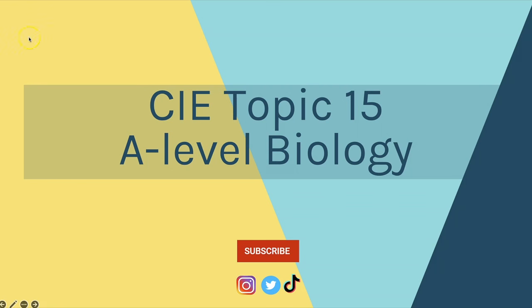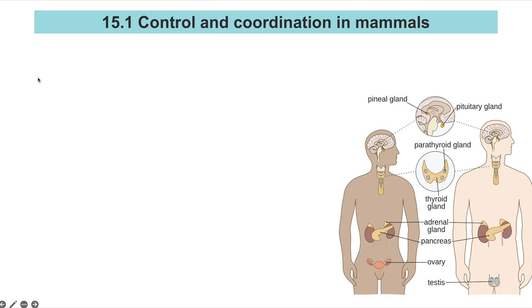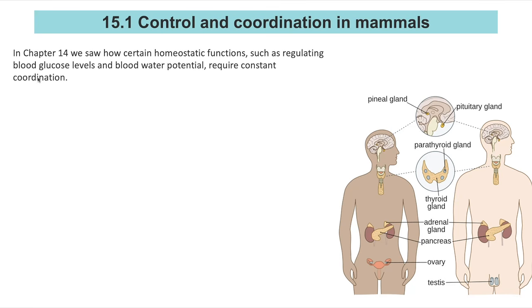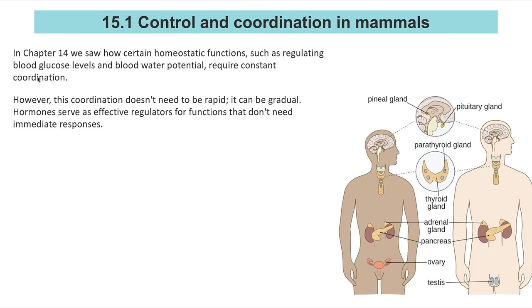Topic 15 then, and it's all to do with control and coordination. So in chapter 14, we saw how homeostasis occurred to help regulate blood glucose levels and water potential, and you can actually have a look at that previous video as well. But in this video, it's going through how you can also have coordination and control using the nervous system.